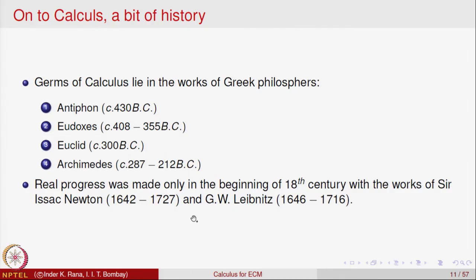Let me point out that Isaac Newton was more or less a trained mathematician, while Leibniz was a non-mathematician. Leibniz was something like an ambassador from France to the UK. In one of the diplomatic parties, he met a physicist, Huygens.